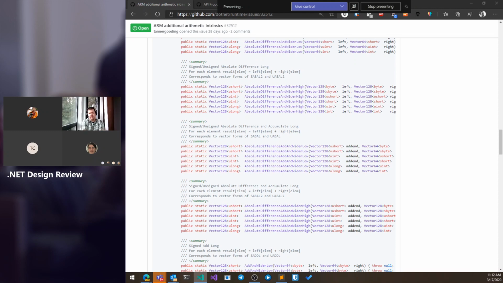Hold on, say this last part again. What do we need to fix in retrospect? So we were saying for these ones, they shouldn't be taking vector 64 left and right. Yes. They should be taking vector 128. On the existing reviewed and approved API, in 24794, they're taking vector 64.